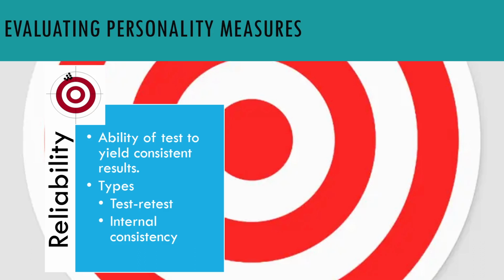Internal consistency is a term that we use to refer to the individual items on the test each producing the same kind of score as the overall test does. So if you're administering a test that's supposed to be assessing how shy or outgoing a person is, you get an overall score, let's say that they have a moderate level of outgoingness.